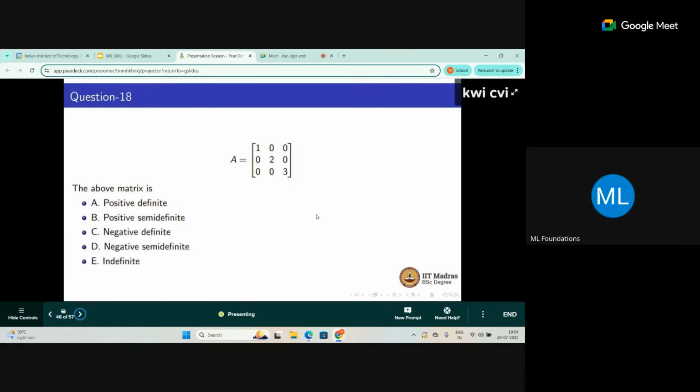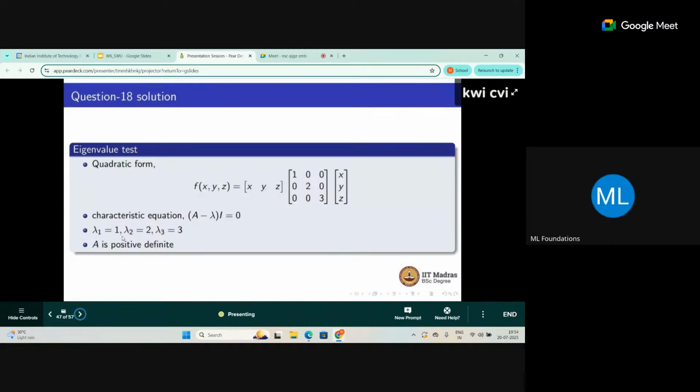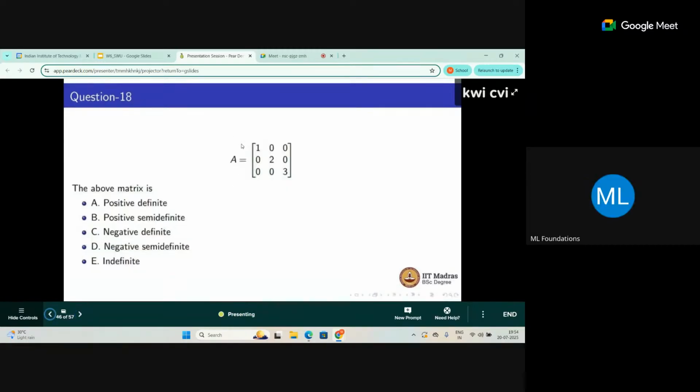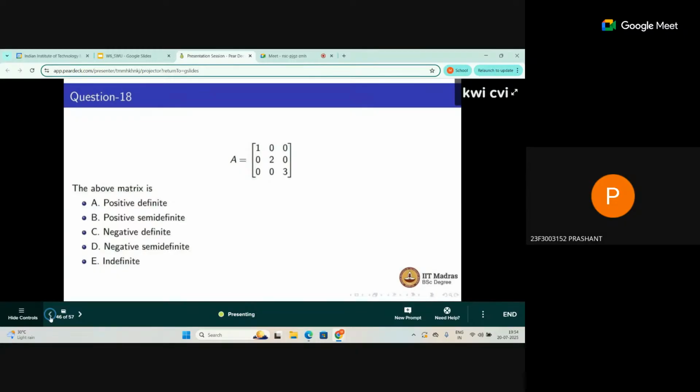So all are positive, right? Yes, sir. So then it is positive definite. And you can actually check the eigenvalues also. It's a diagonal matrix anyway, so what are the eigenvalues? 1, 2, and 3. Okay, good.